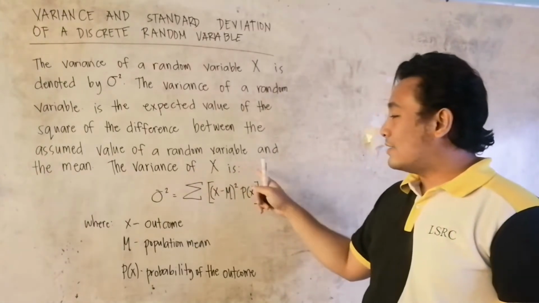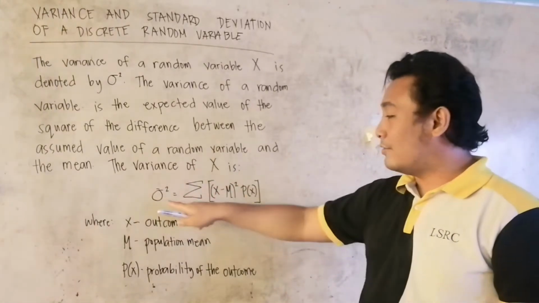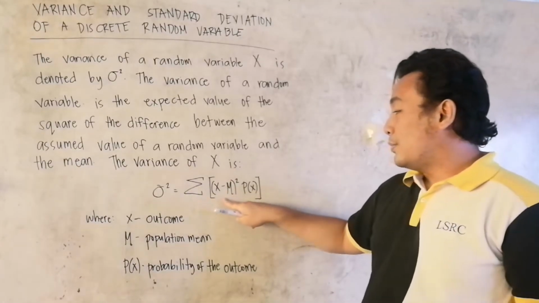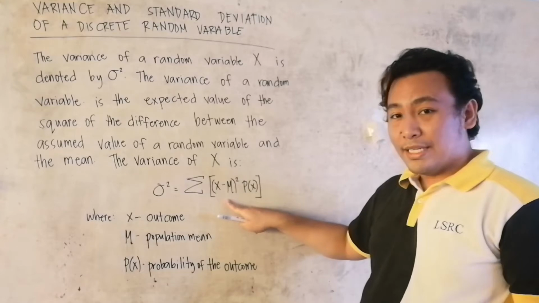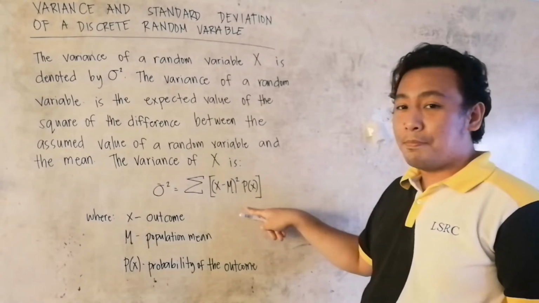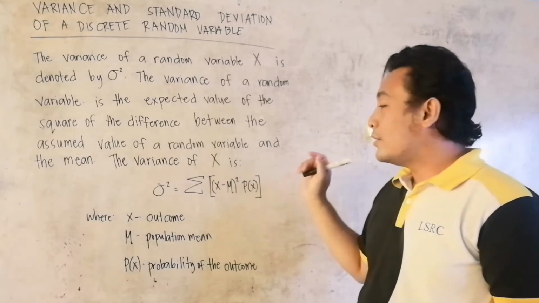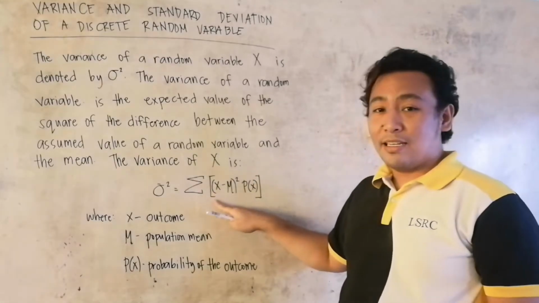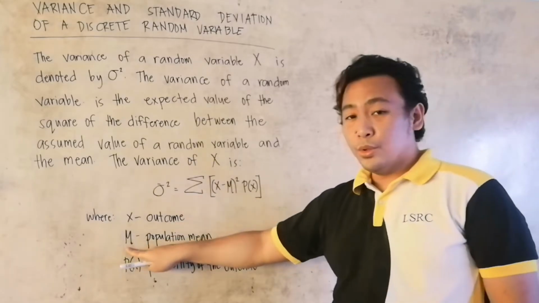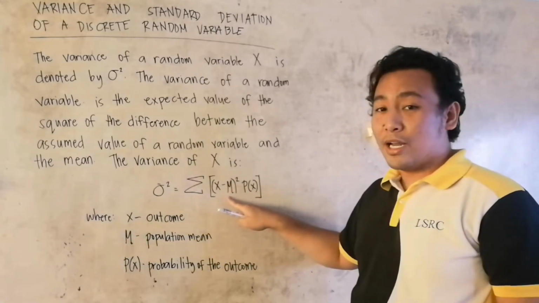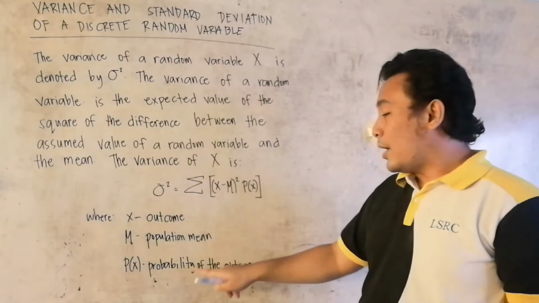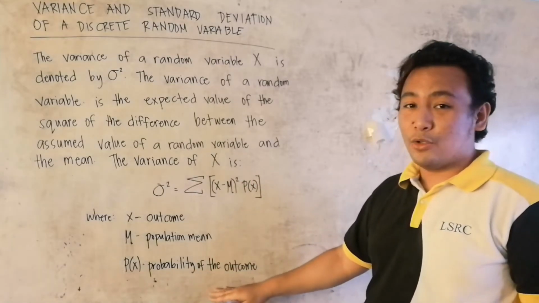So we have this formula: the variance is equal to the summation of the quantity x minus mu squared, multiplied by p of x. Where x is the outcome, mu is the population mean, and p of x is the probability of the outcome.